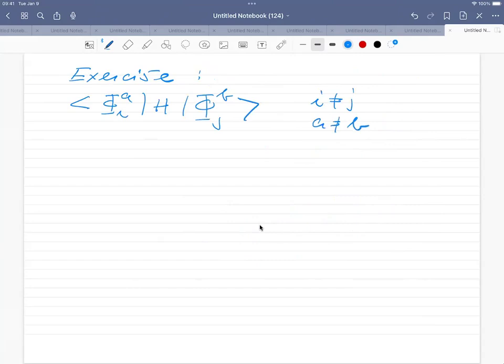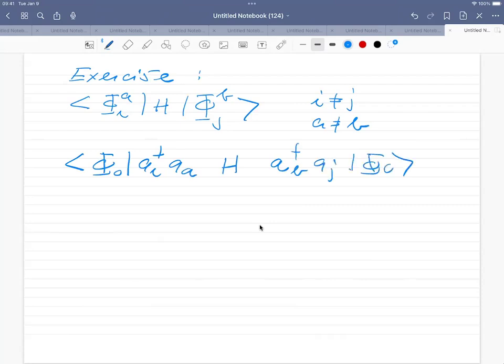So what you need to set up is this quantity here: phi 0, then a_A^† a_I, then the Hamiltonian, then a_B^† a_J acting on phi 0.